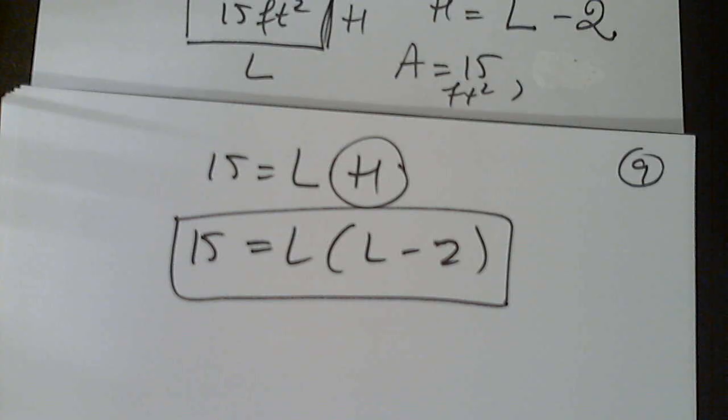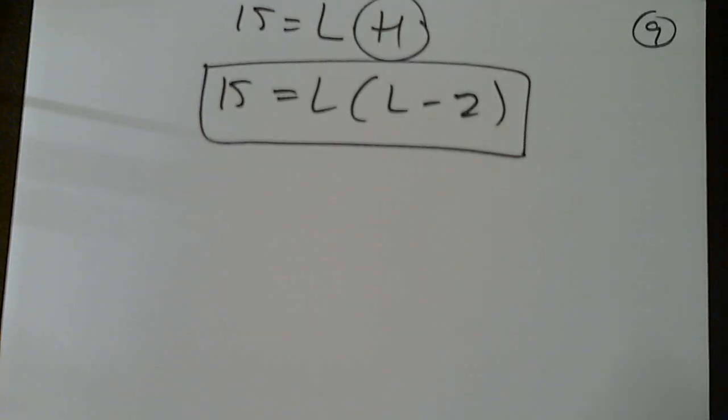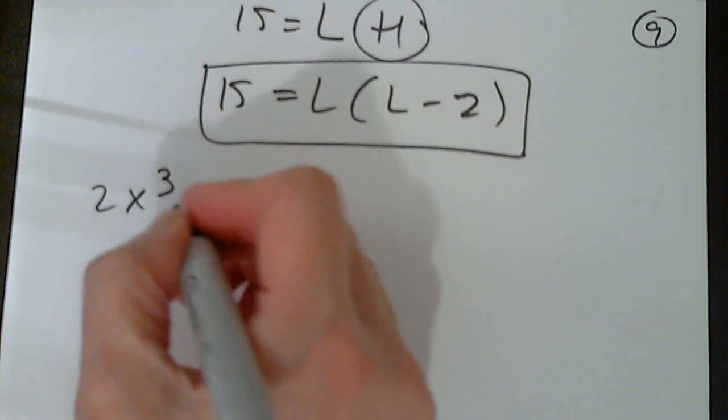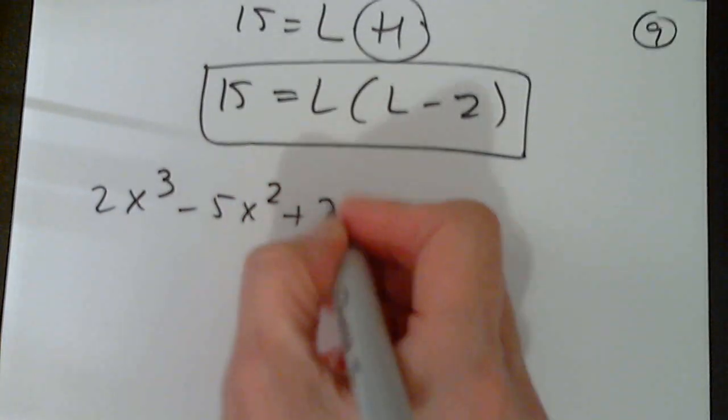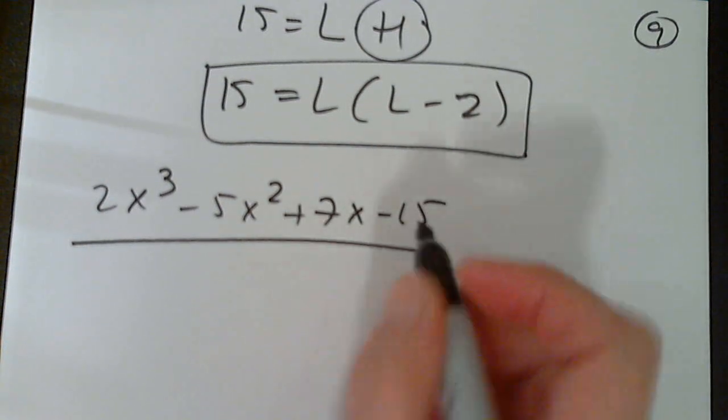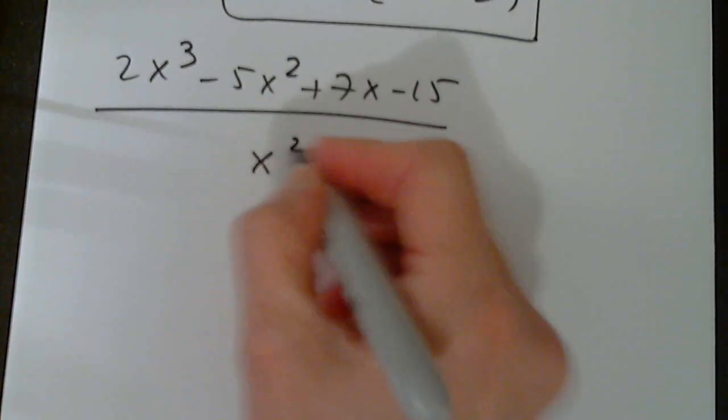And division, as I mentioned: (2x³ − 5x² + 7x − 15) divided by x².